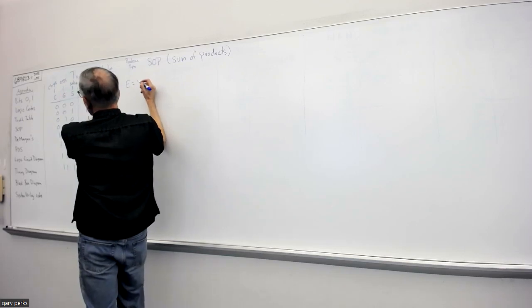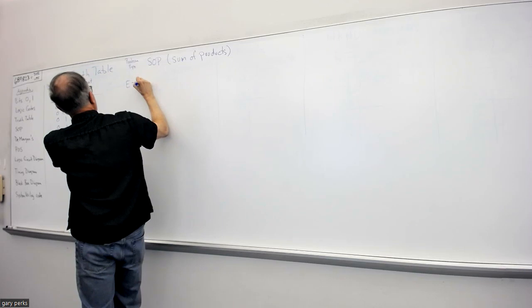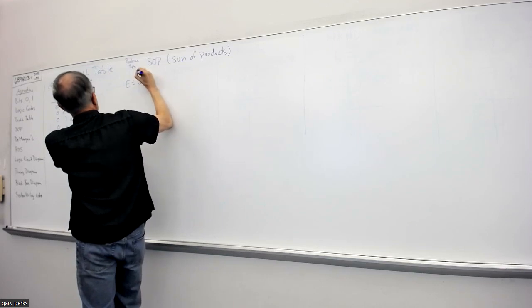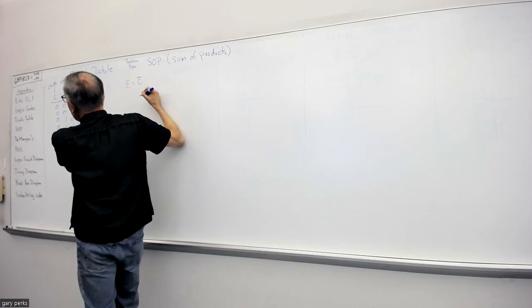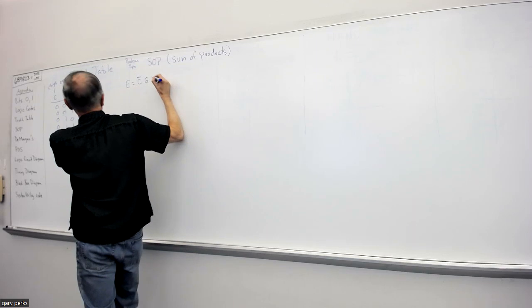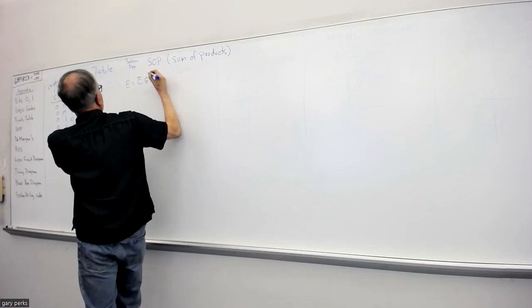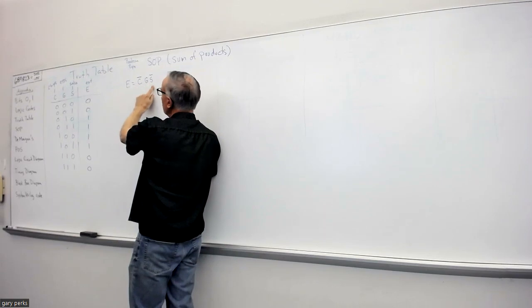So I write this input as a term where if it's a 0, I put a not. And if it's equal to a 1, I don't put the not over it. So you see, I'll eat if there's no chips, no salsa, but there's eggs.